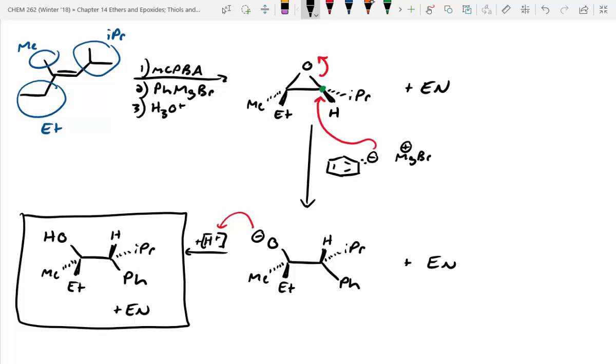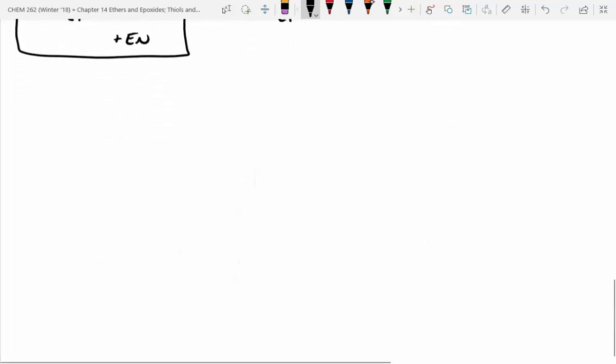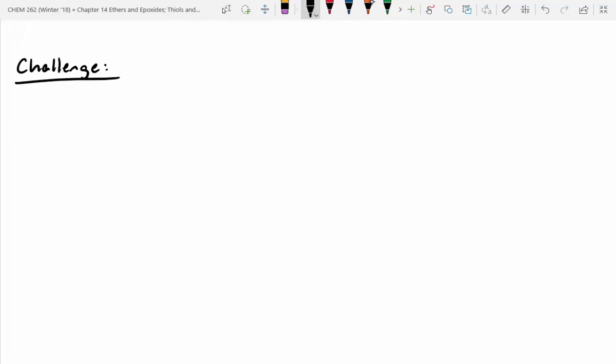You guys want to try a challenging one? All right. So this one's more synthesis based. We're going to start out with an alkyne, a terminal alkyne, so it's got a proton coming off of it.